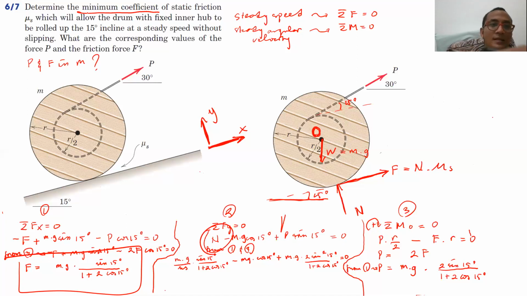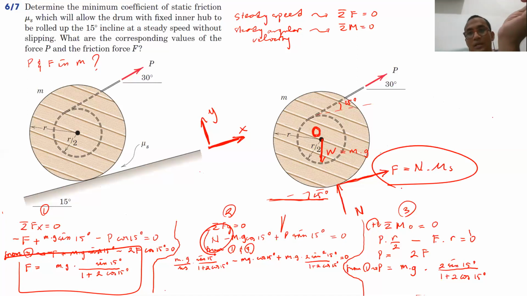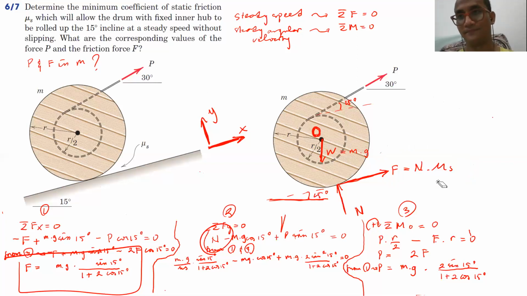So in order to find the minimum coefficient of static friction, we have to assume that the friction happening is the friction at impending motion, which is the biggest friction. Because by doing that, we will get the value of minimum mu s. That's why we have to assume it this way.